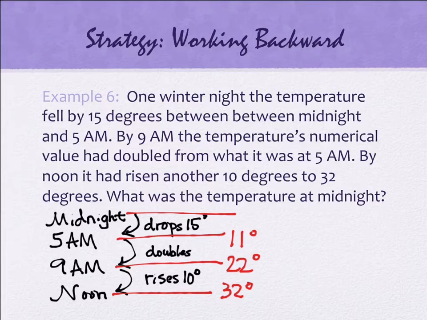So going backwards means I would add 15. So if I add 15 going backwards, what will that give me at midnight? 26. 26 degrees. Now again, our answer needs to be written as our answer. It was 26 degrees at midnight.